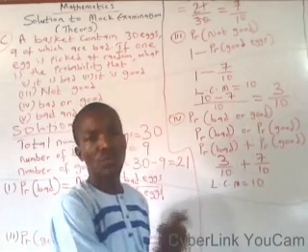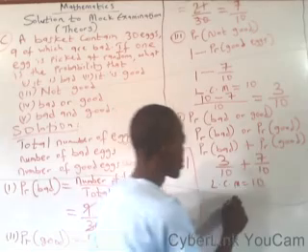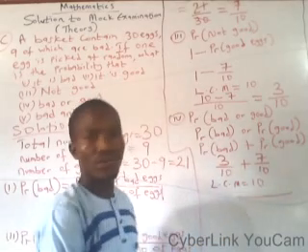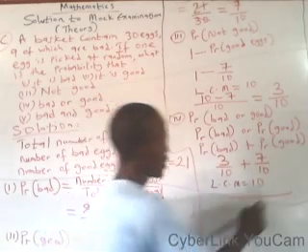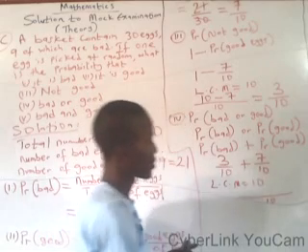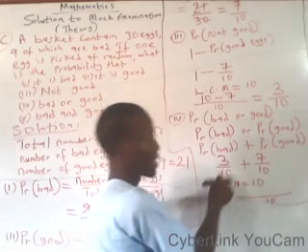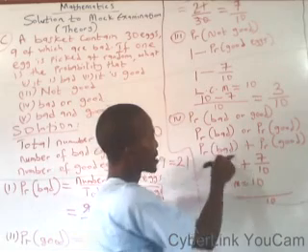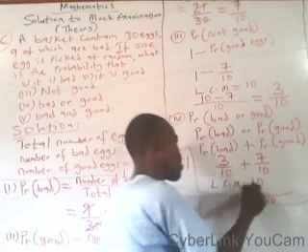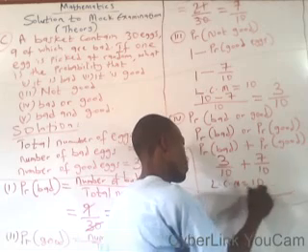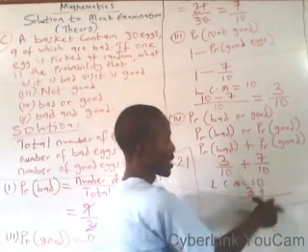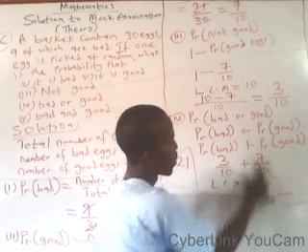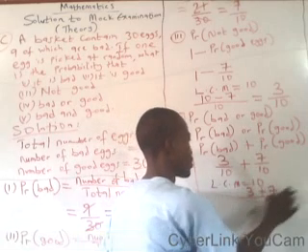If your LCM is equal to 10, then draw a line horizontally. Place the 10 beneath it. 10 divided by 10 is what? 1. 1 times 3. That is 3 plus 10 divided by 10 is what? 1. 1 times 7, 7.